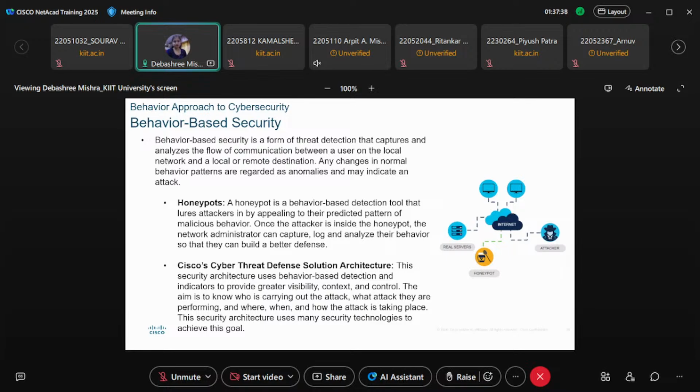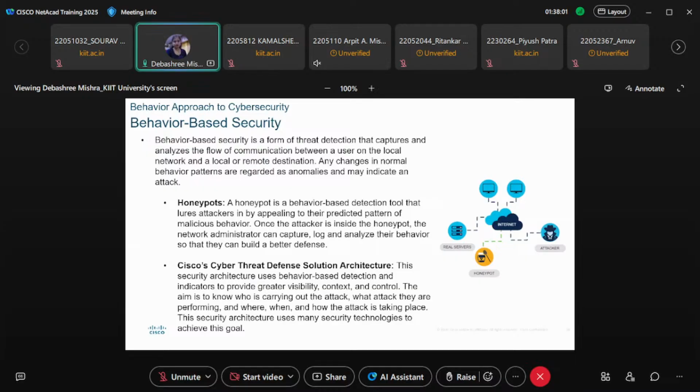They can then analyze the behavior or pattern of the attack, and for what purpose the attacker is checking or logging. So in future their defense will be increased and they can improve their security level. For that only they are using this kind of thing.